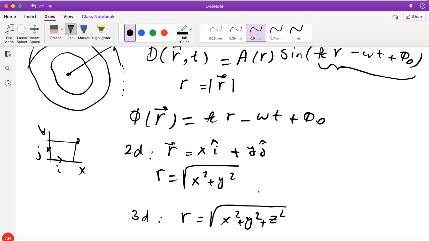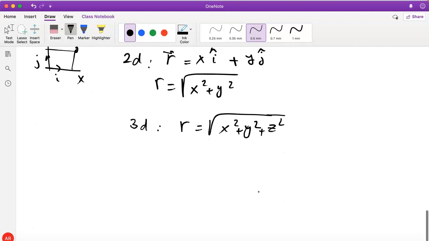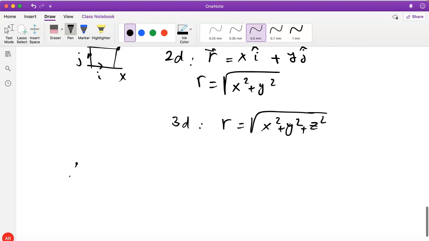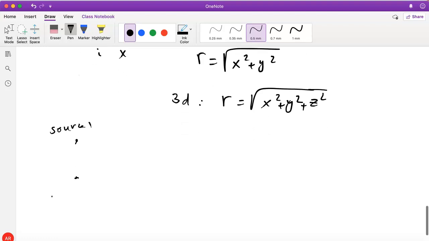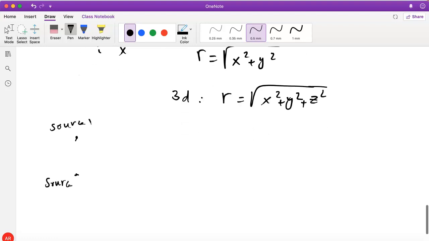And similarly, we can talk about the phase kind of dominating the nature of the interference. So now imagine you have more than one source. Let's say you have two sources, source 1 and source 2.